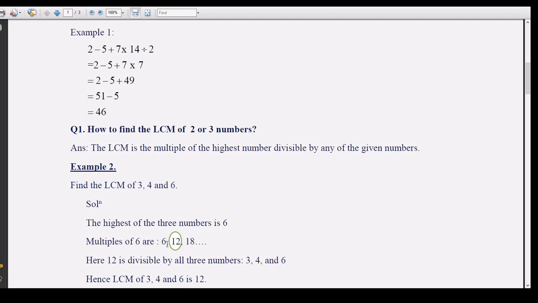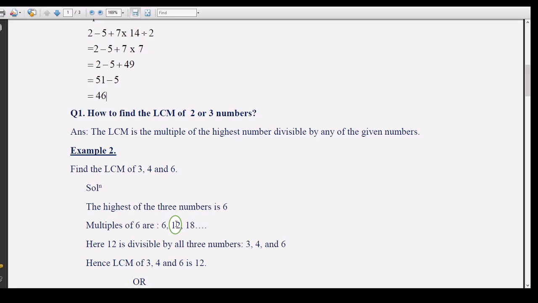Now if you look, 6 is not divisible by 3 and 4, isn't it? If you look at the next multiple of 6, which is 12, you'll find that 3 can divide 12, or we can say 12 is a multiple of 3. 3 multiply 4 is 12, or 4 multiply 3 is 12, isn't it?